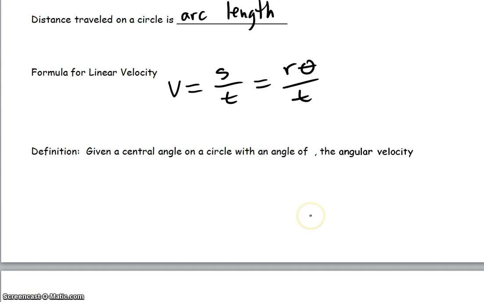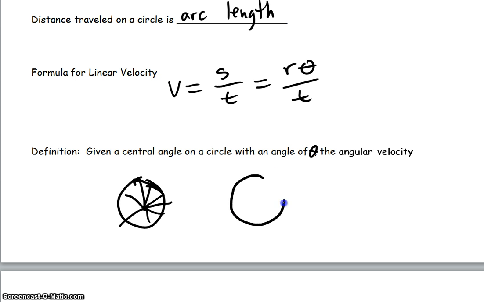If we have a specific angle, we can also talk about how fast that angle is changing, because as this point is going around, this angle is constantly changing as well. I know it's hard to see without seeing it in motion, but if we start with a point here and the point keeps moving around the circle, this central angle is constantly spinning.